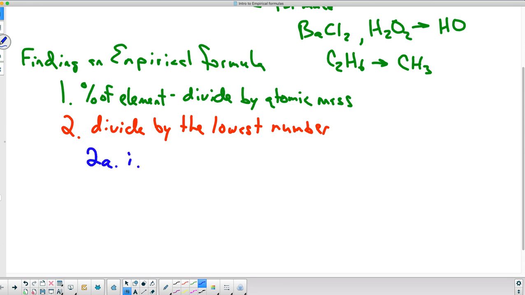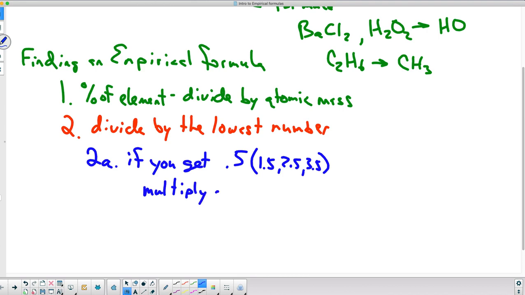Now, if you get some kind of 0.5, whether it be 1.5, 2.5, even 3.5, okay? If you get any kind of 0.5, then you're going to multiply all of them by 2.